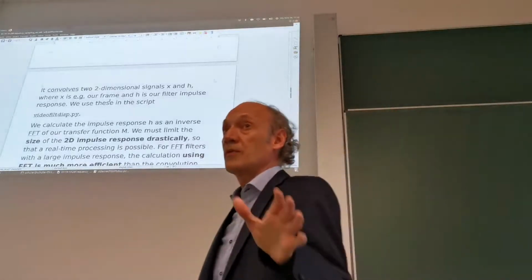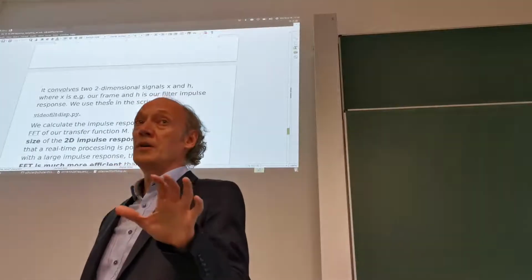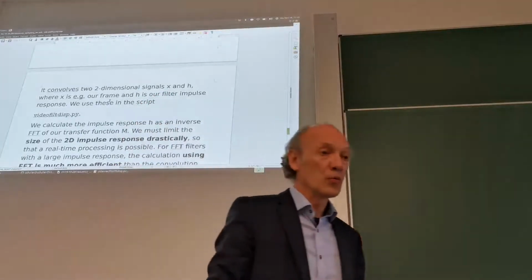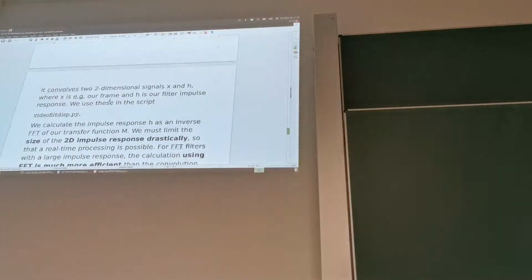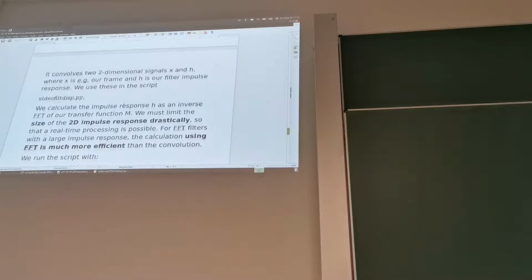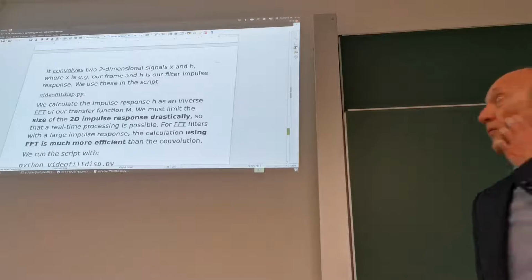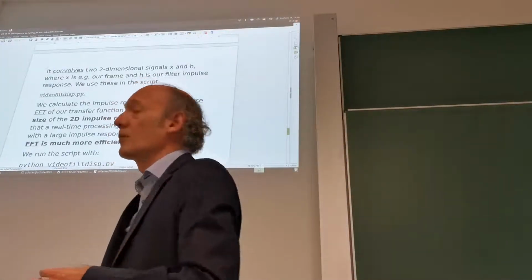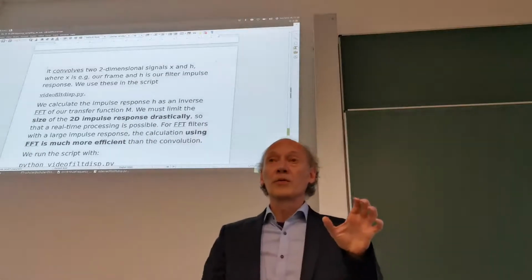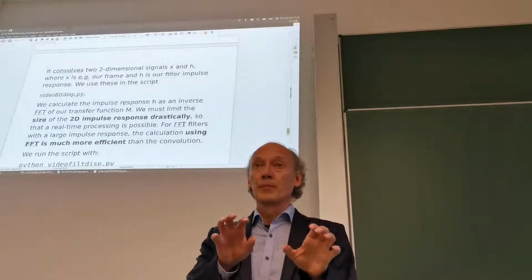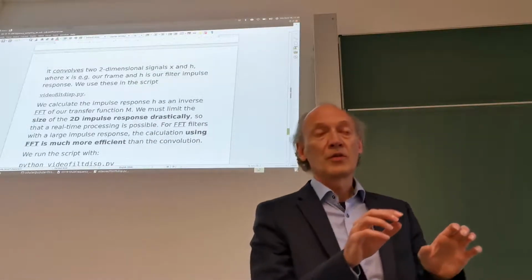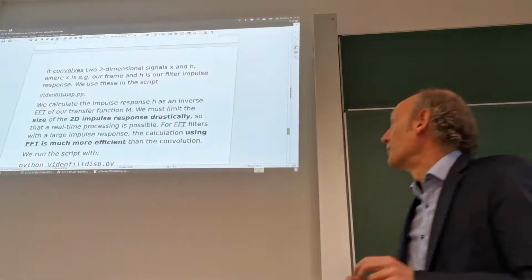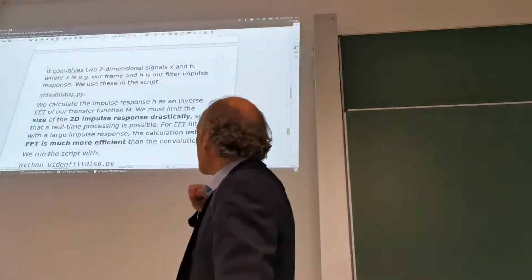That would be, for instance, a black and white frame or the green component, and h is the low pass impulse response. So now we can use this script video fit disk. Actually this uses convolution in the space domain instead of the FFT. Right? And then it displays the result.